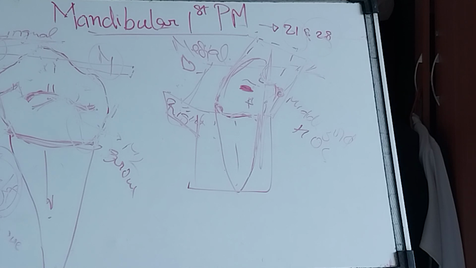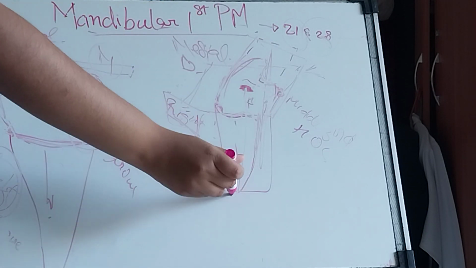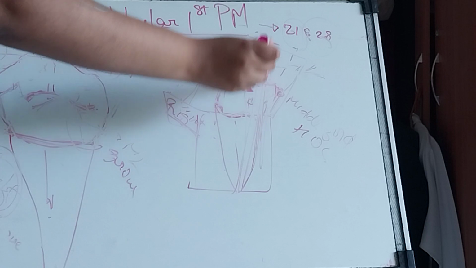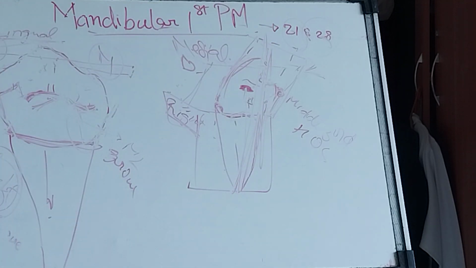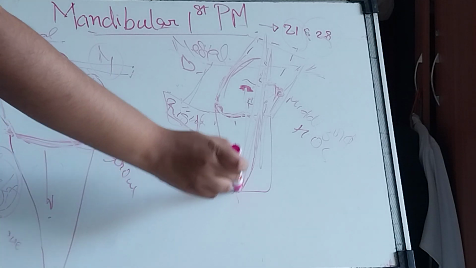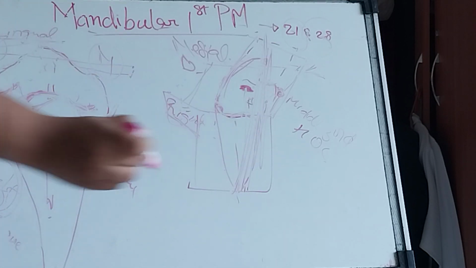Above the cusp tip, the buccal cusp tip is centered over the root base. If you see, you can say the buccal cusp tip is vertical to the root axis. This is the root axis, so it is vertical. Okay, they're in this one line.